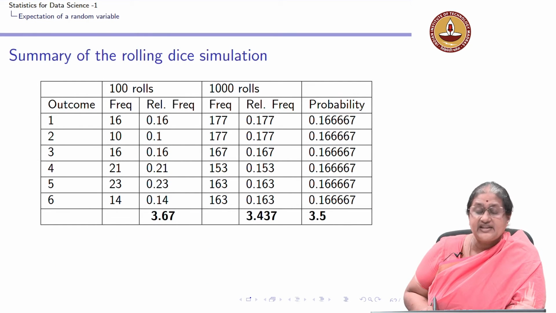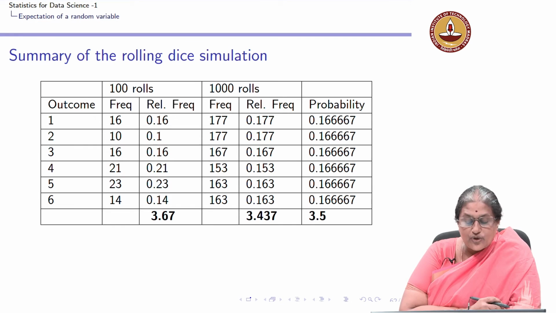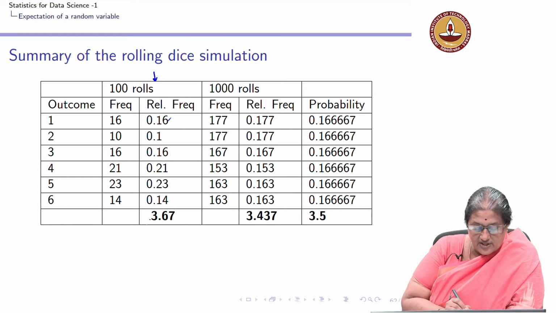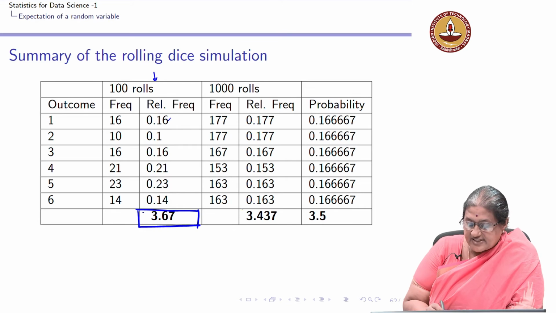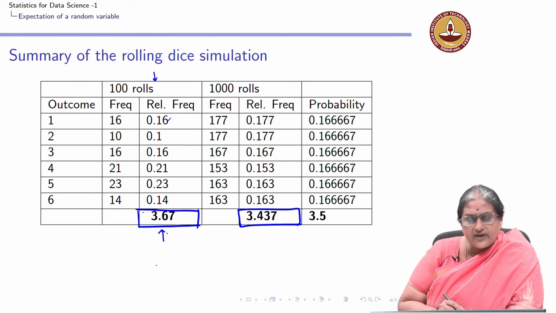So now if I summarize the rolling dice simulation, you can see in the relative frequency for 100 rolls, the average was about 3.67, here it was 3.437. So, in 100 rolls, will the average value be exactly equal to 3.5? Need not be.